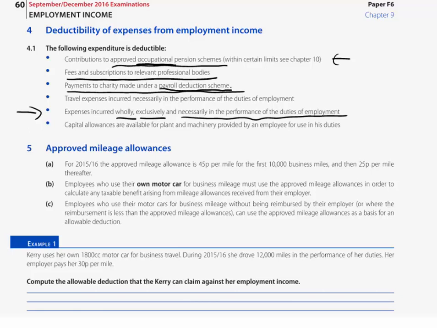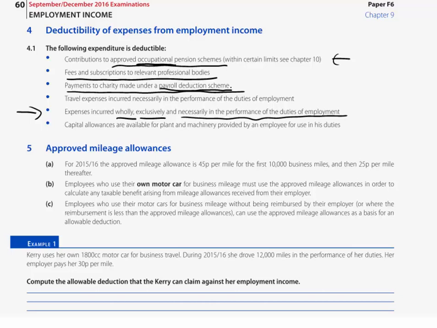Now, this is only available where employers operate a payroll deduction scheme, allowing the employer to deduct directly from the employee's gross salary an amount that the employee will determine, that is then to be paid over directly by the employer to a specific approved charity or charities as chosen by the employee.